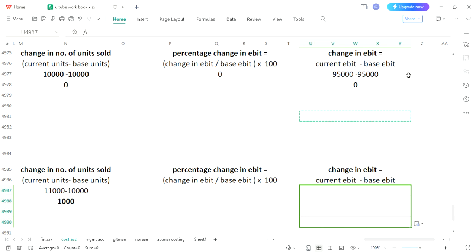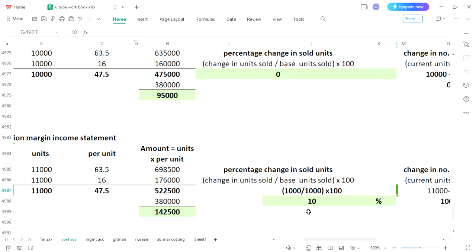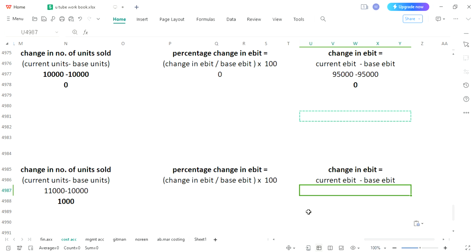For this, let's get back to the question. This is your B3. For 11,000, your current EBIT is 142,500. So write down 142,500 current EBIT, and base EBIT we have already mentioned over here, 95,000.